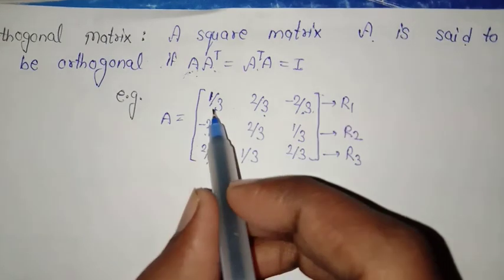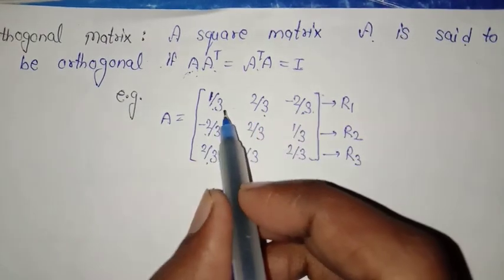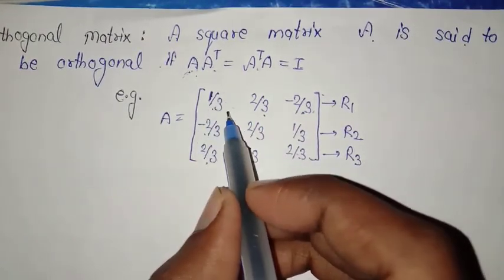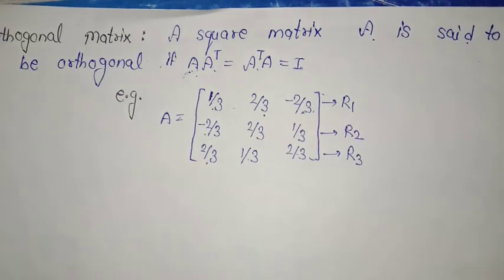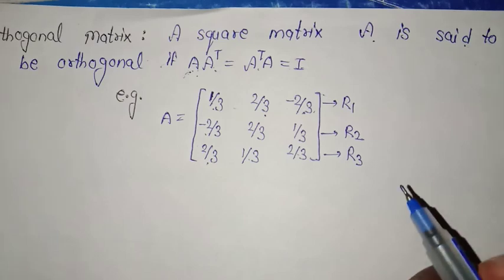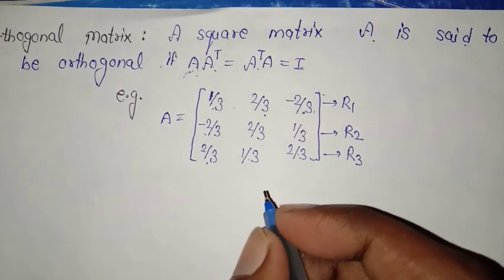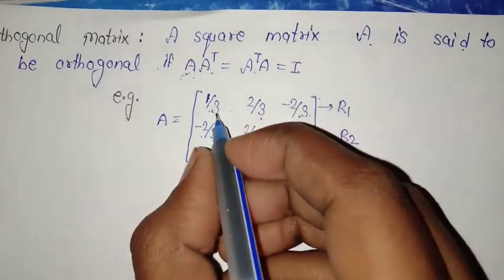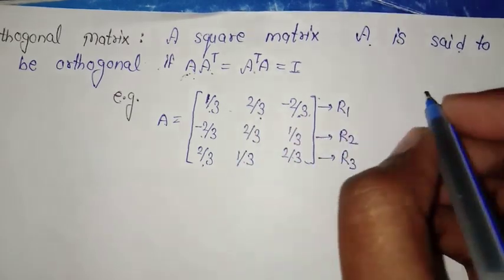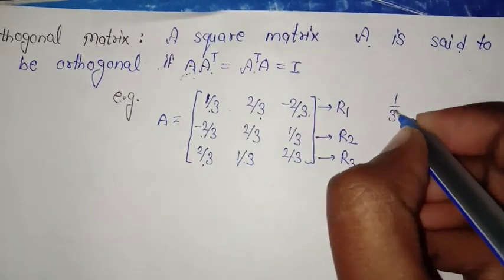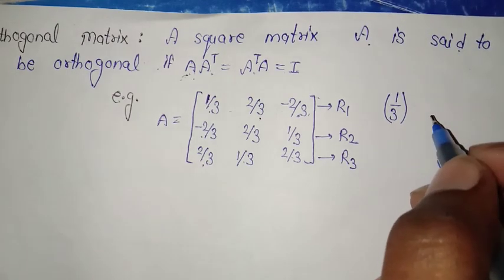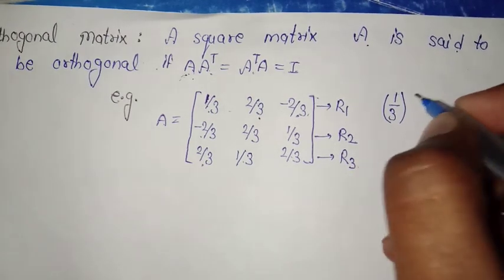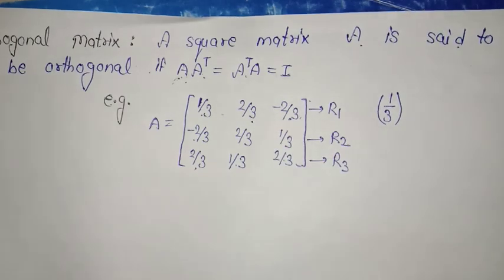If that sum equals 1, you will say that the matrix is orthogonal. For example, if I consider the elements of row 1, take the square of each element and sum them, and I get 1, then I will say that this matrix is orthogonal.